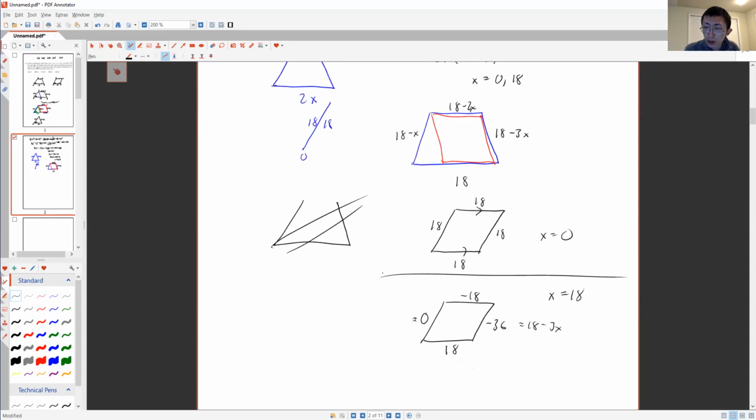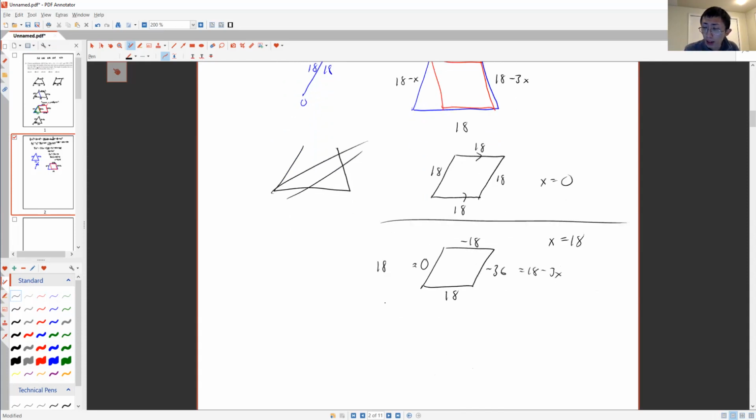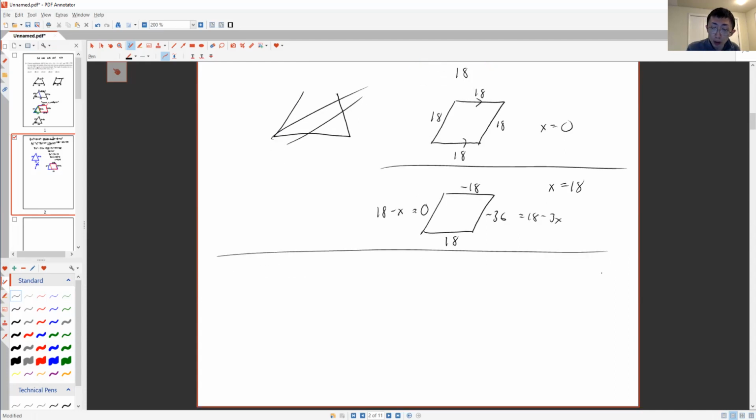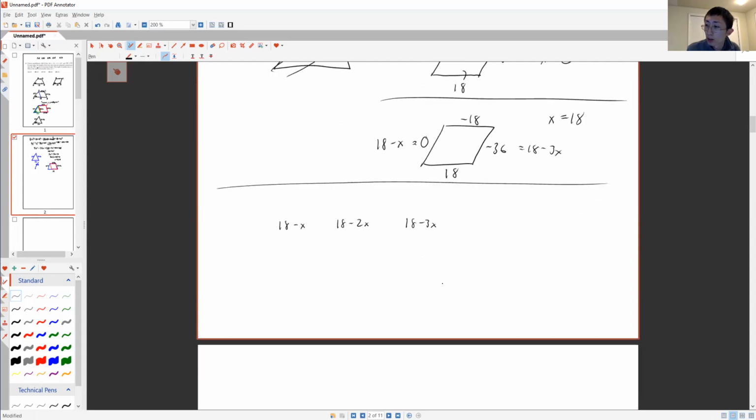Interesting, it's kind of like we got a degenerate triangle and an x value that gave negative side lengths. So maybe we try another orientation, because there are 3 factorial permutations of the ways we can assign 18 minus x and this to the 3 remaining side lengths of our trapezoid.